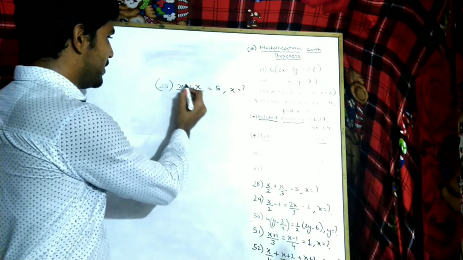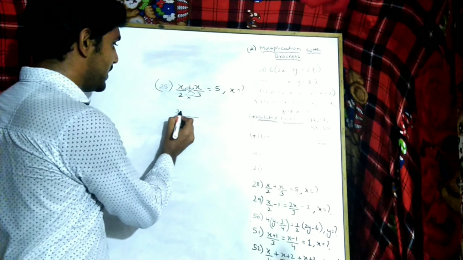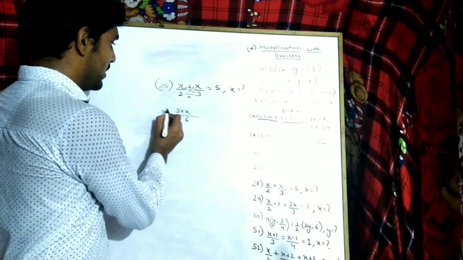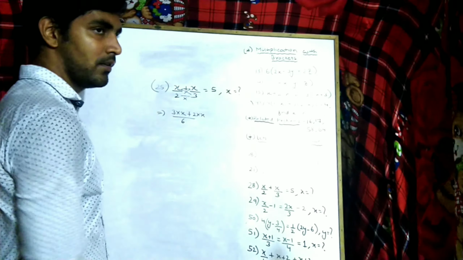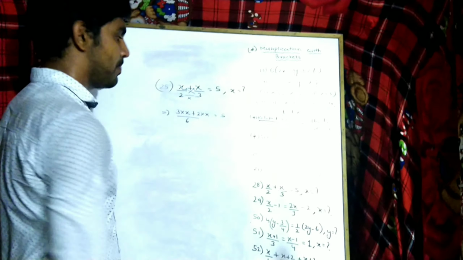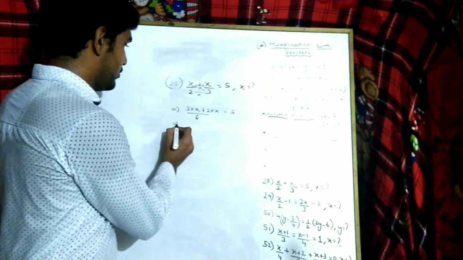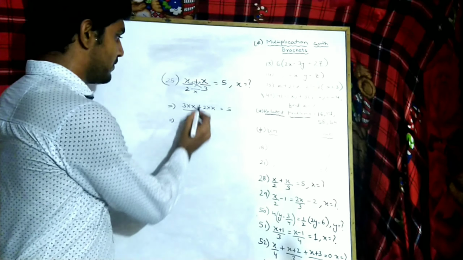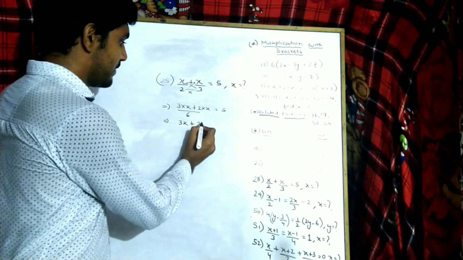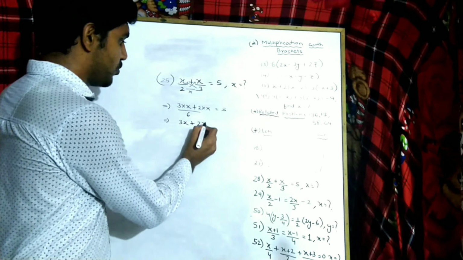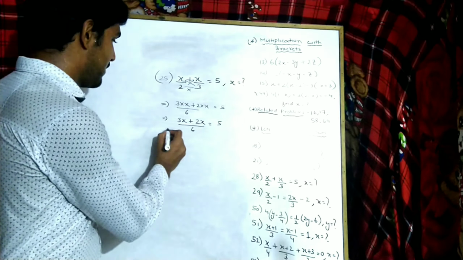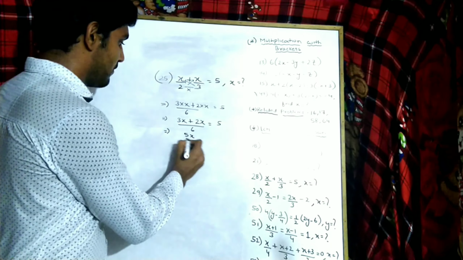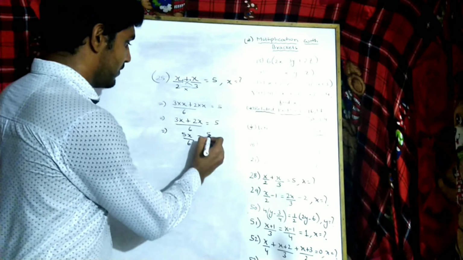Now multiply 3 into x, it comes 3x, plus 2 into x, 2x, is equal to 5. Clear? So 3x plus 2x by 6 is equal to 5.